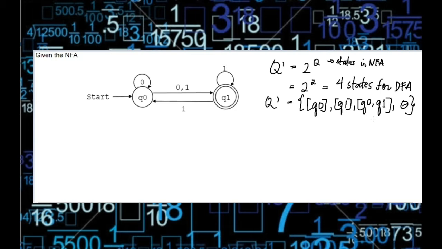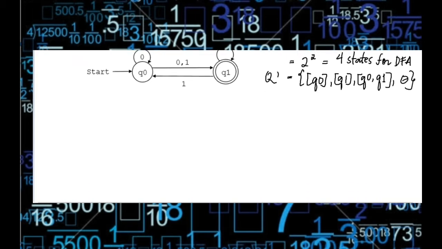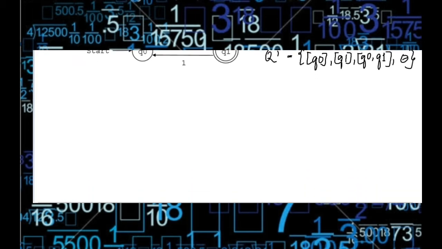Always remember that the subsets of a set include the set itself and the empty set. Always. So, now, let us create our initial graph. From this given form, we can create a graph. So, here is our initial graph for our DFA.